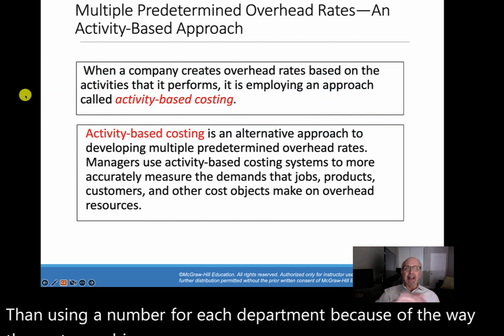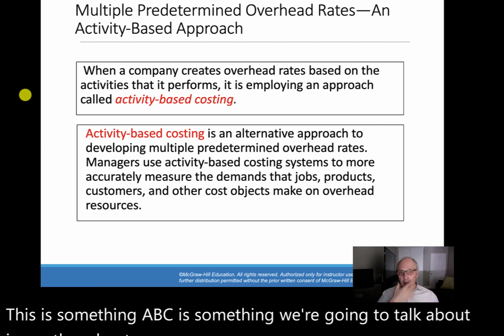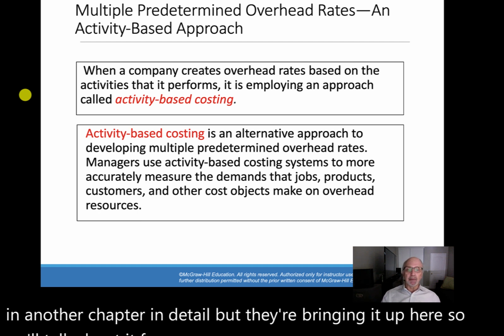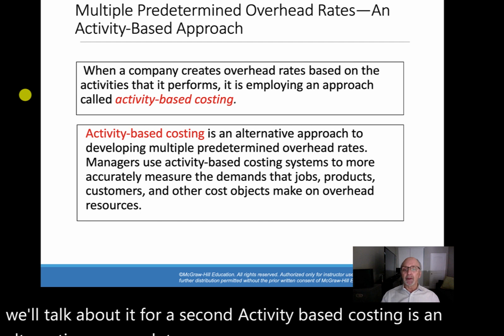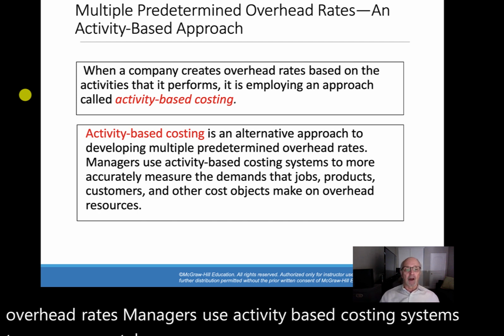ABC is something we're going to talk about in another chapter in detail, but they're bringing it up here, so we'll talk about it for a second. Activity-based costing is an alternative approach to developing multiple predetermined overhead rates. Managers use activity-based costing systems to more accurately measure the demands that jobs and products place on resources.